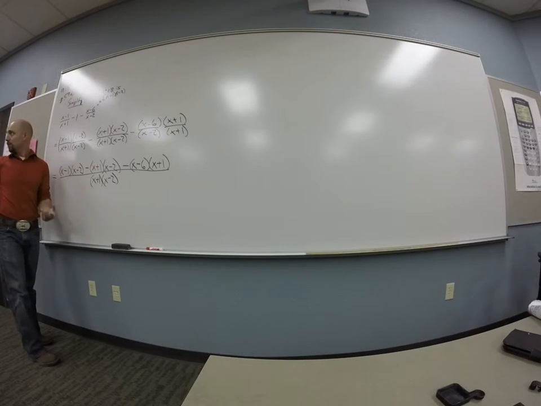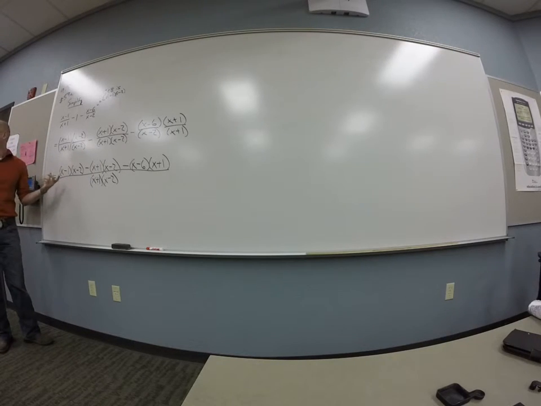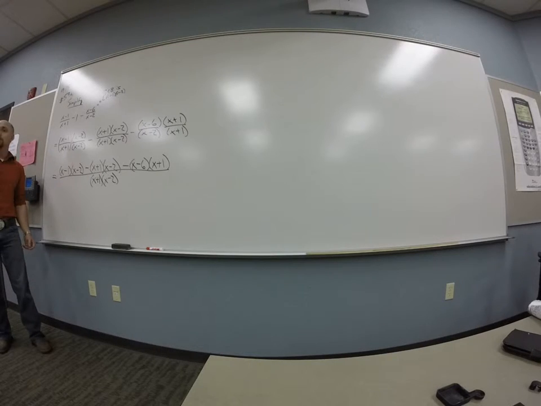I see that some stuff is going to cancel, so this might be a good idea. The other thing I'm eyeballing is what I'm going to end up with on the top. A lot of x squares. Are there going to be any x cubes? No. I know how to solve quadratics, so maybe this is a good idea.